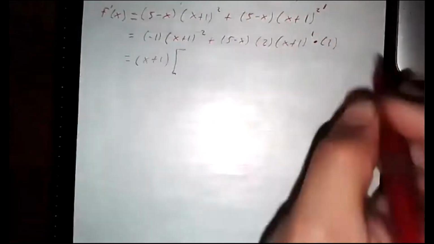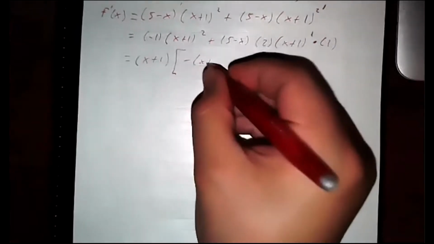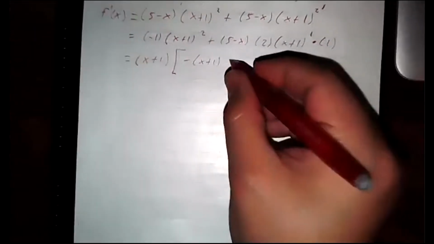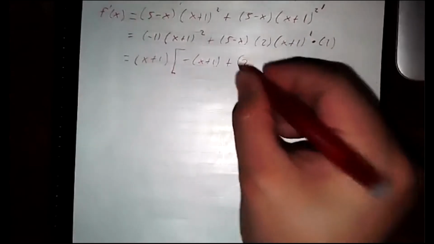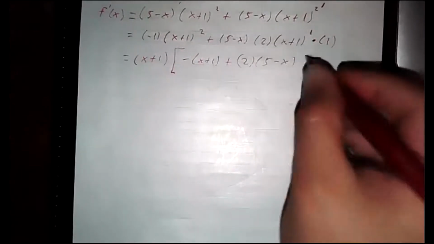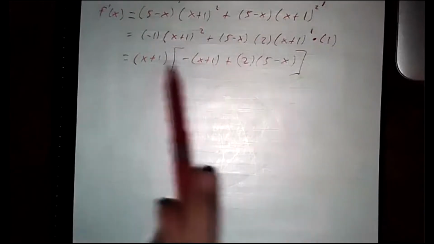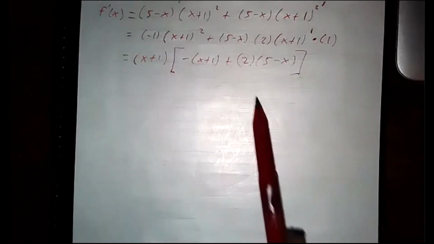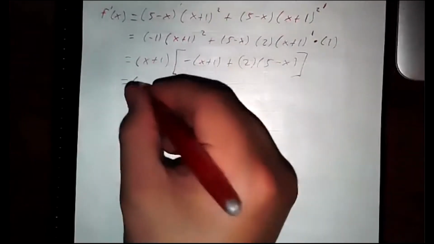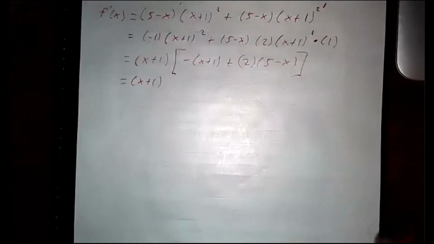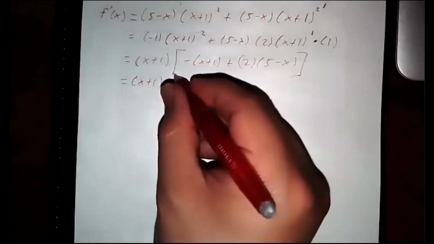So now I have in here negative (x plus 1) plus 2 times (5 minus x). So we'll deal with this before we distribute, because this is a little easier. It's going to be the same in the end. So distribute the negative. Put my bracket there.